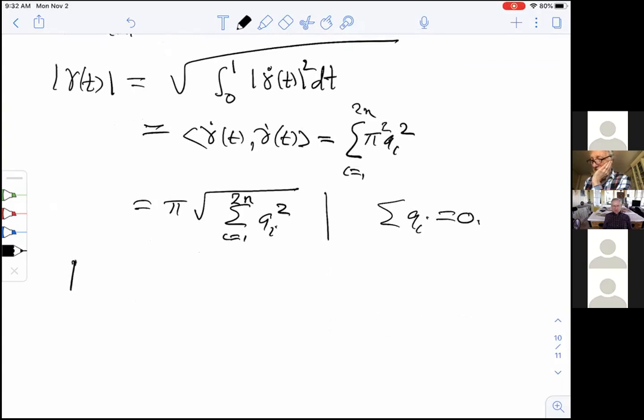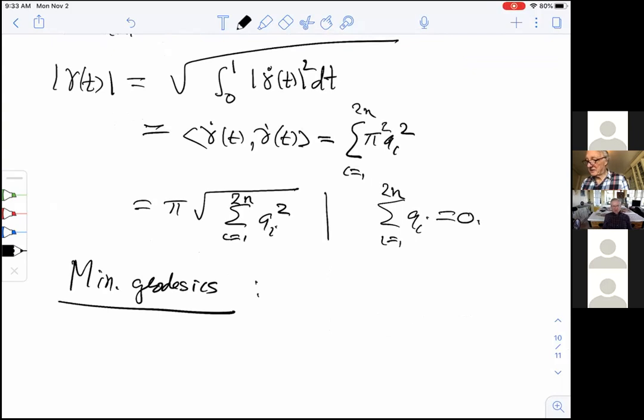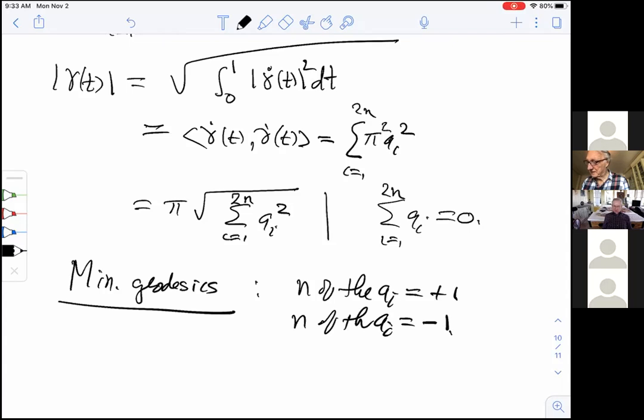So let's think about what the minimal geodesics are. I have to minimize the sum of the squares subject to the condition that the values add up to 0. Well, it's pretty clear the only way to minimize that is to take n of the ai equal to plus 1 and n of the ai equal to minus 1.